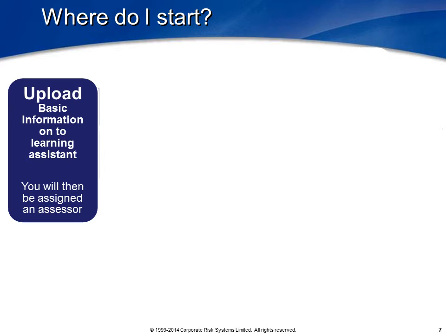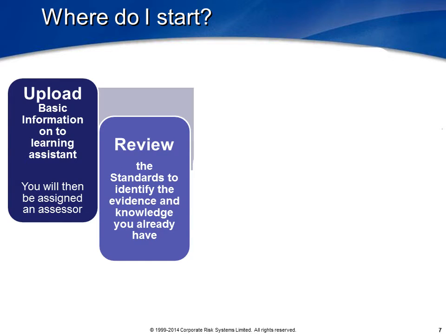Following this, the next stage is to review your current evidence and the standards which you want to tackle. As previously highlighted, we recommend starting with understanding the health and safety culture of your organisation.